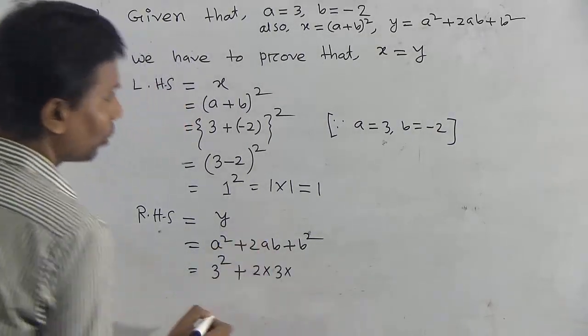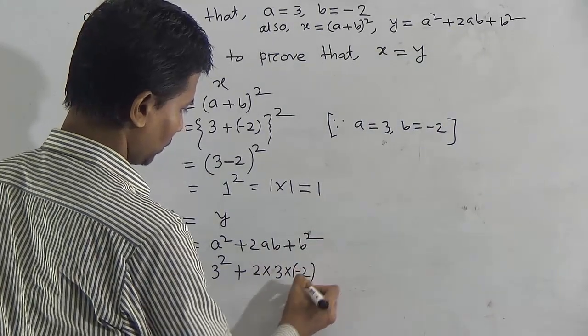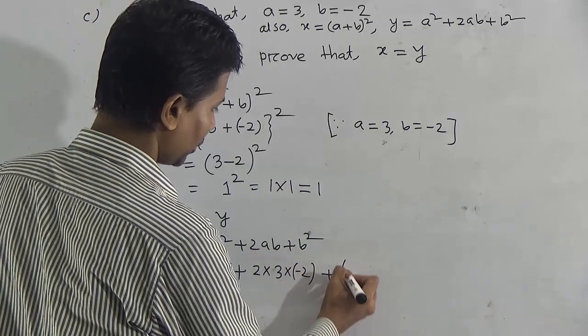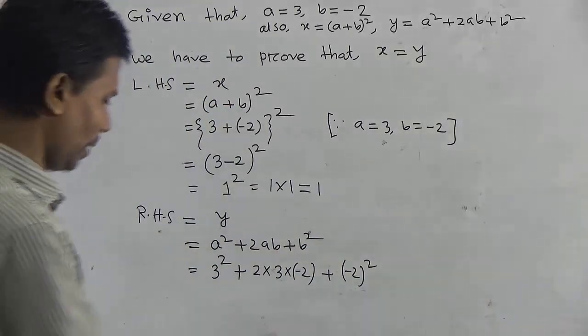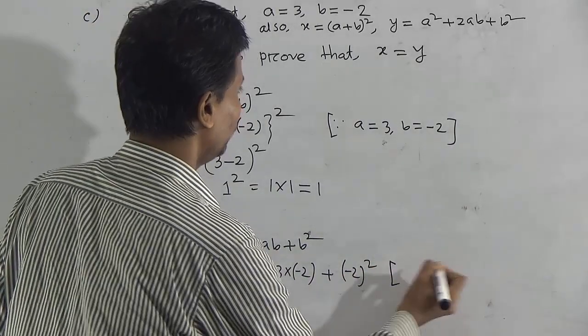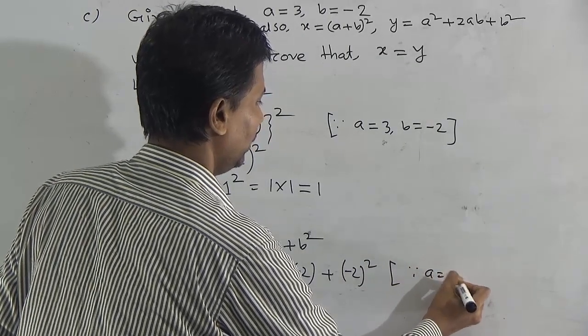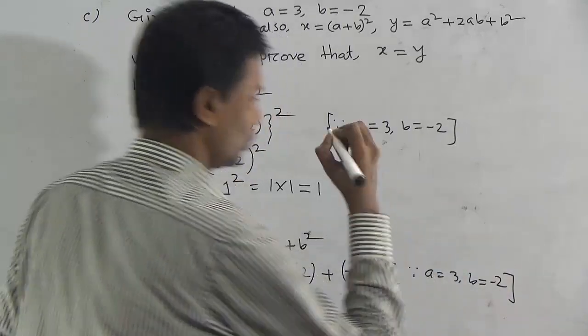Then you see b equal to what? b equal to -2, plus b equal to what? -2 you put here. Similarly, you have to give here the clue as a equal to 3 and b equal to -2.